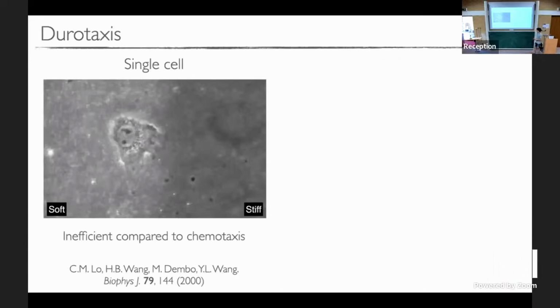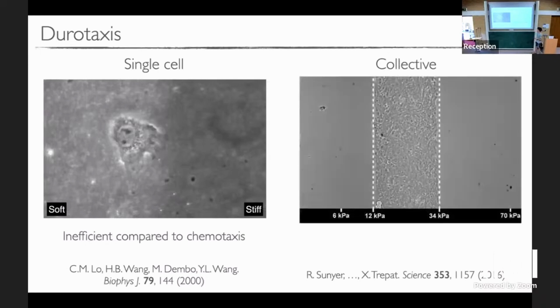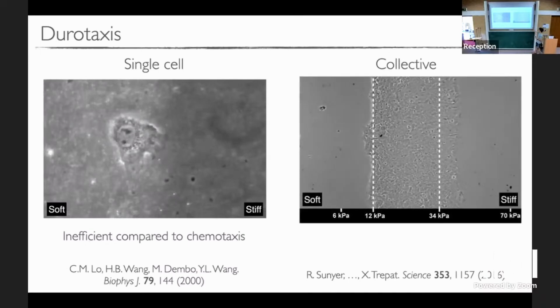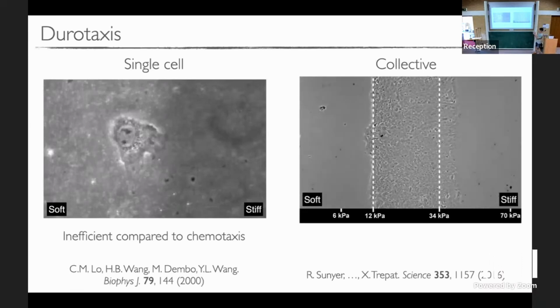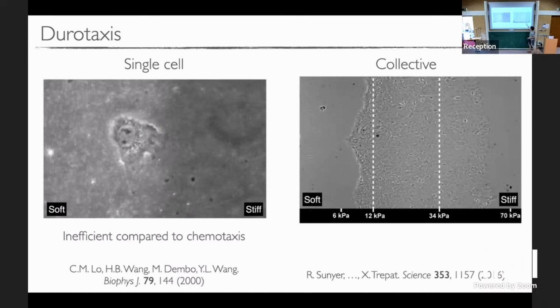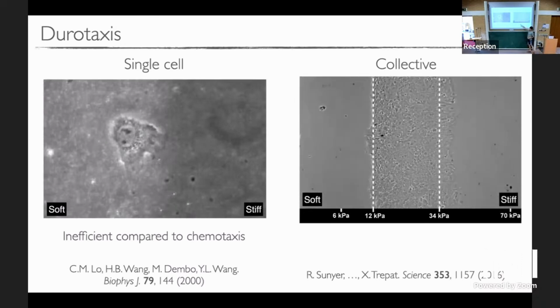But then the excitement came back in the year 2016, when in the lab of Xavier Trepat, they discovered that durotaxis can also take place collectively in cell collectives. In particular, they looked at cell monolayers spreading on a substrate with a stiffness gradient, and they found that this spreading is asymmetric, as you can see. The monolayer spreads more on the stiff side than on the soft side.